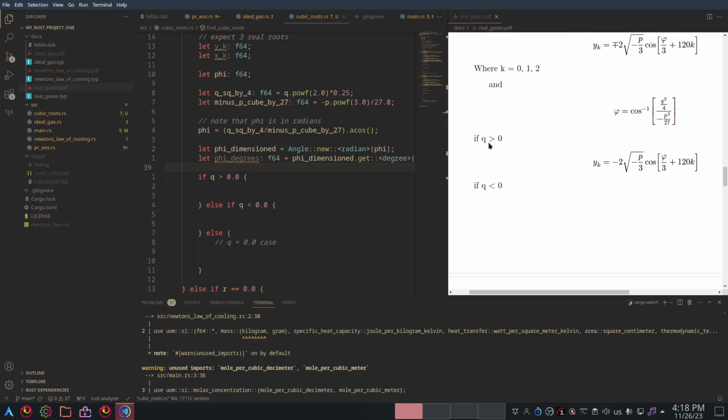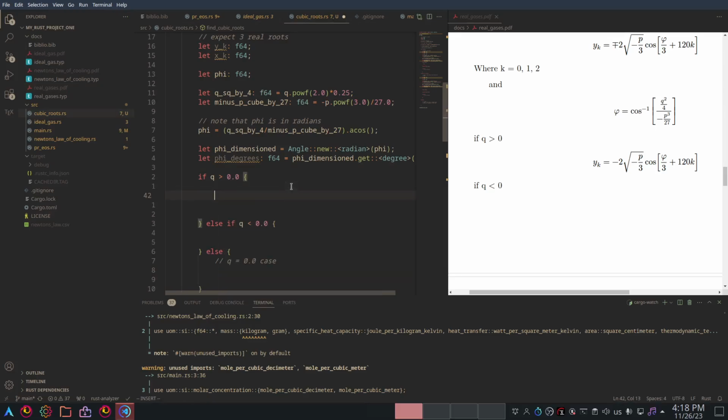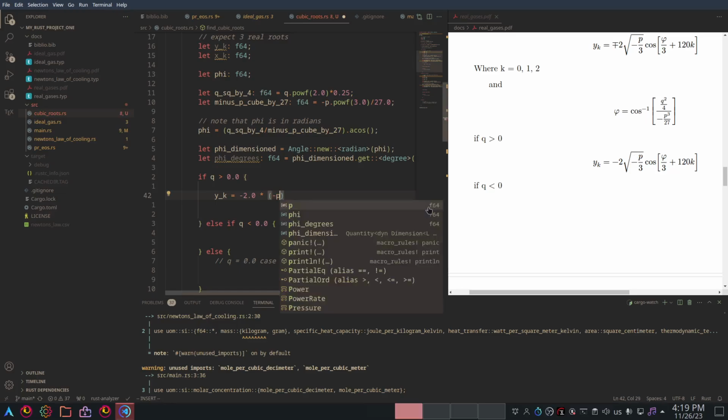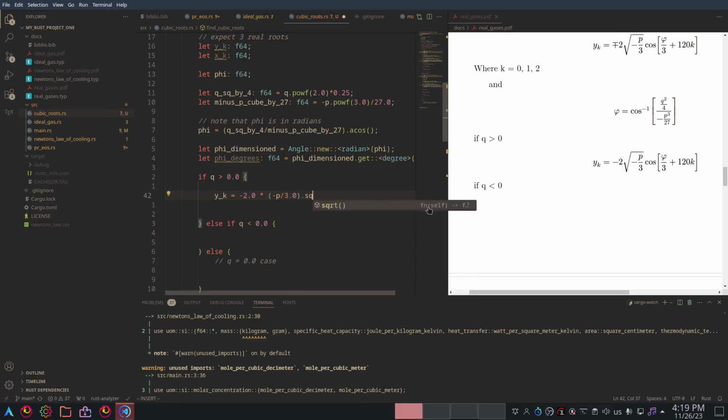Okay, if q is more than 0, this is the formula to use. So q more than 0, yk equals to minus 2.0 times, what is this? Minus p over 3, and then you have to square root the thing. Minus p divided by 3.0 square root.